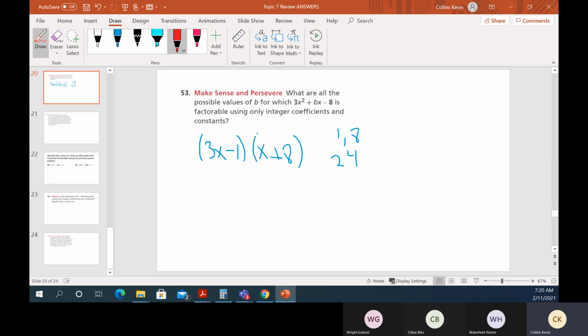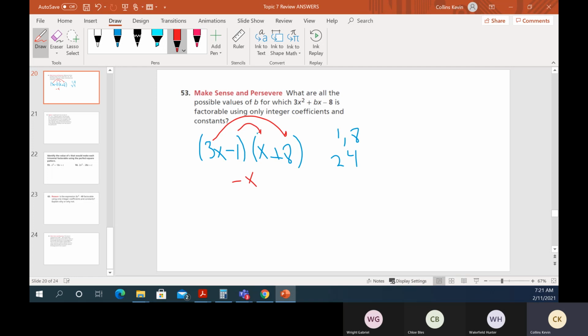So what's our possible b values? Well, that's the inside-outside guys, right? So here we've got minus 1x, or just minus x. And then here we've got 3x and then plus 8x. Now the plus b, the b can be positive or negative. They don't tell us that because we don't know what b is.